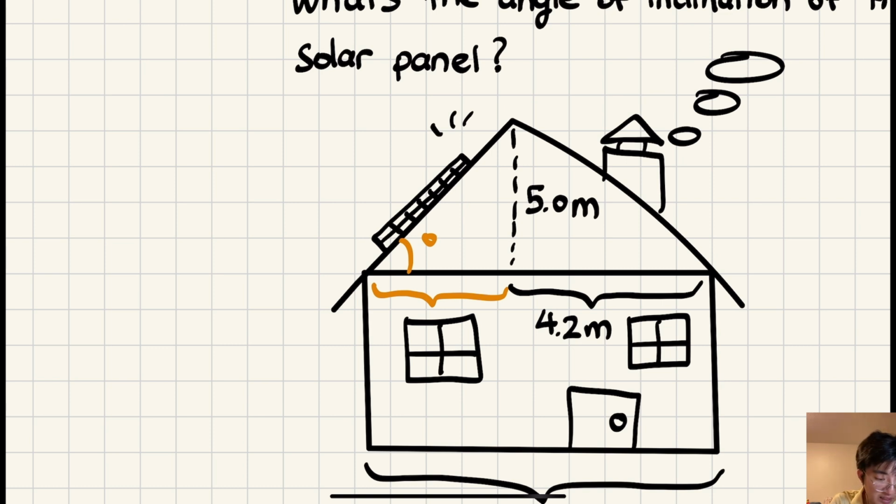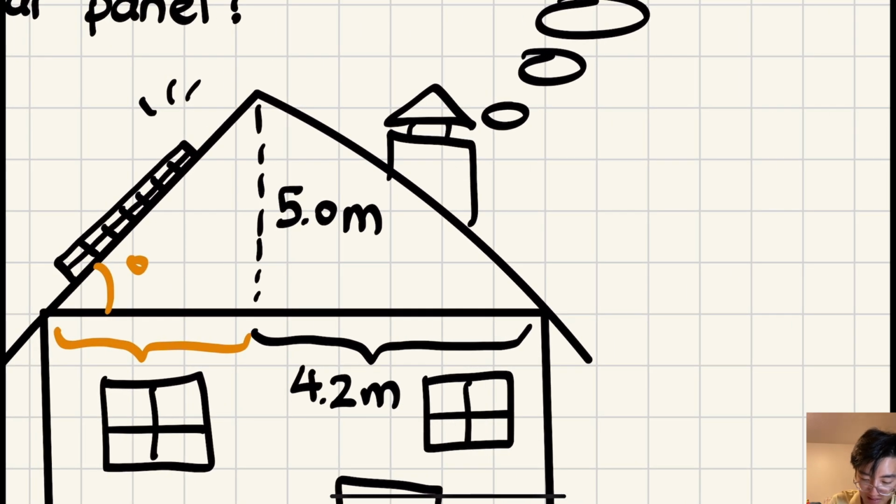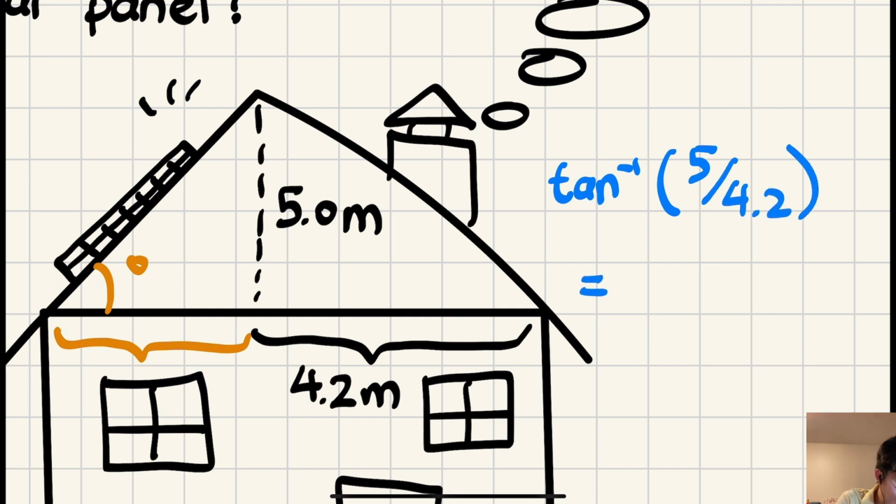Because if we did the inverse tangent of 5 over 4.2, we get 0.02 degrees, which is very much not to scale, but this will be the angle right here.